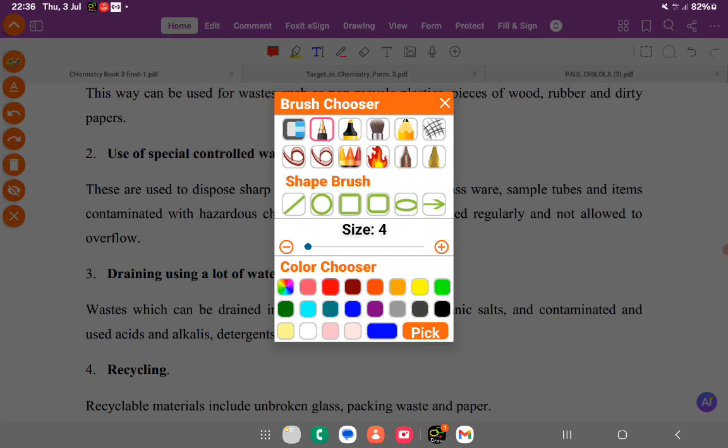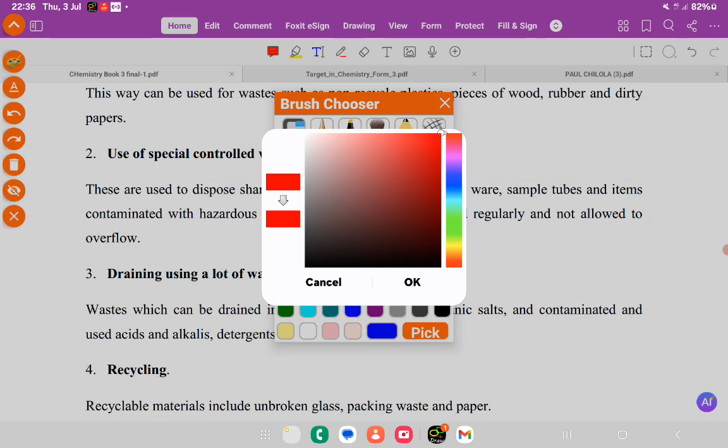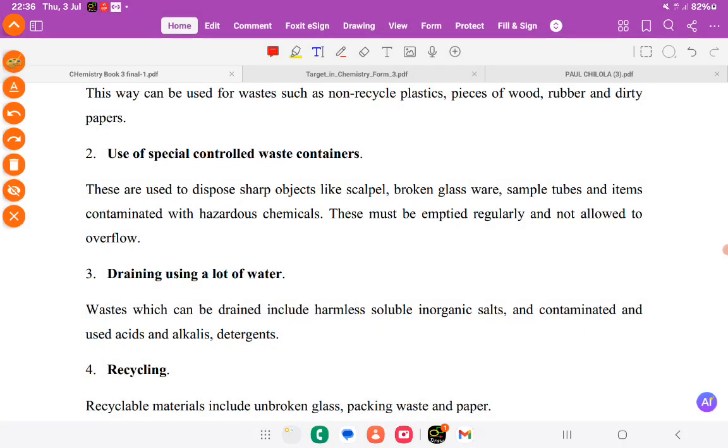The use of special controlled waste containers.